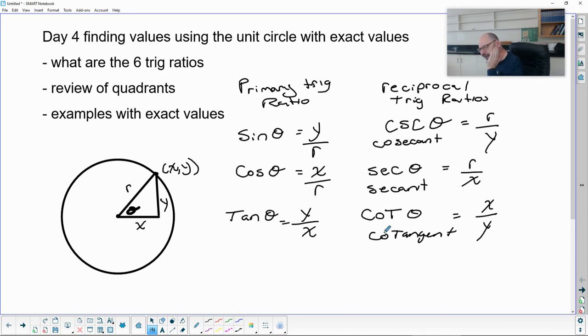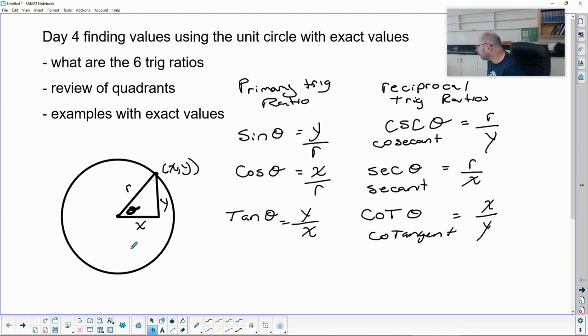Now if we take this circle, which doesn't necessarily have to be a unit circle, and break it into the four quadrants, you can have values that become negative and positive based on what the value of x is and what the value of y is.